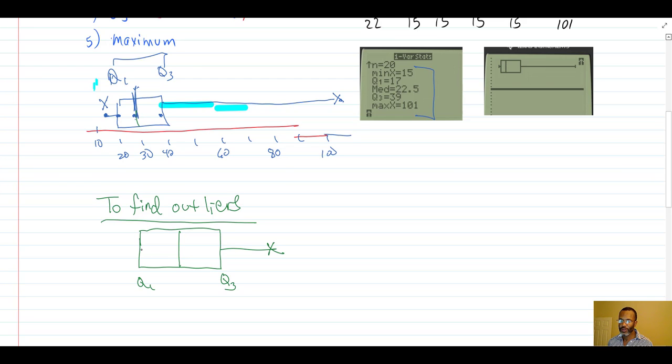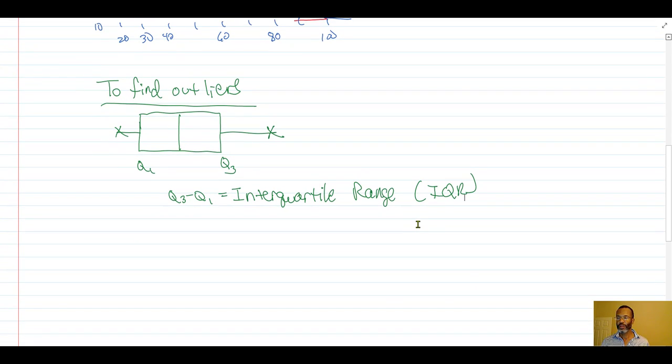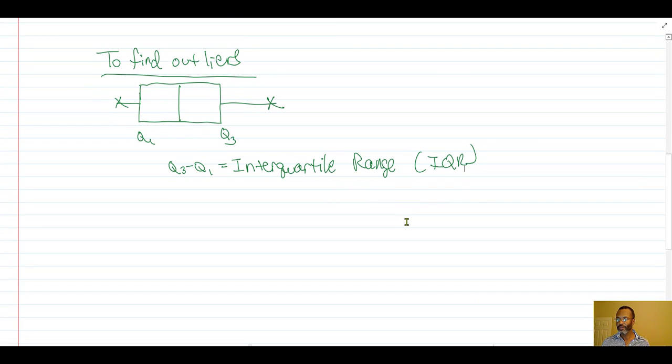I won't be concerned so much about the whiskers on either end, but I'm concerned about Q3 minus Q1. Shorthand notation for Q3 minus Q1, we're going to call that our interquartile range, or the IQR. It's the range of values between the quartiles, the third quartile and the first quartile.